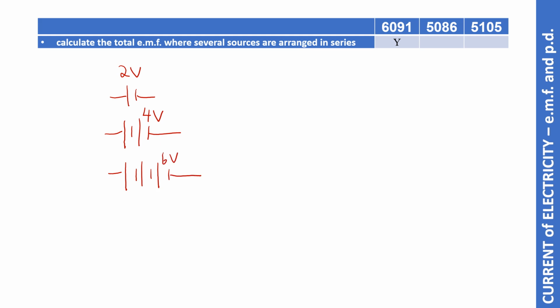So what if you place them in parallel? If I were to take a voltmeter and connect it across these two cells in parallel, the reading will still be 2 volts, right?